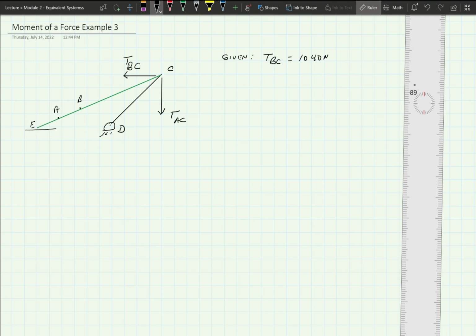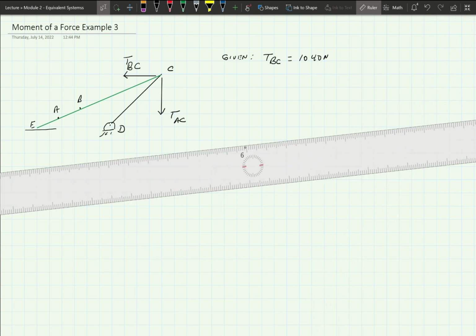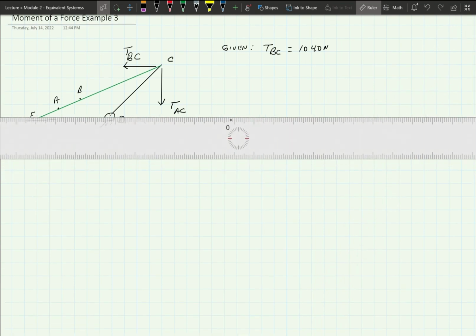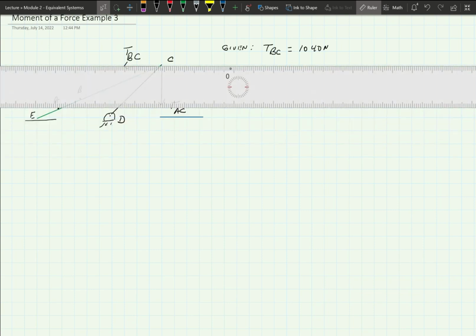All right, and we know a few more things here. So let's put these in blue, and they are the distances between things.